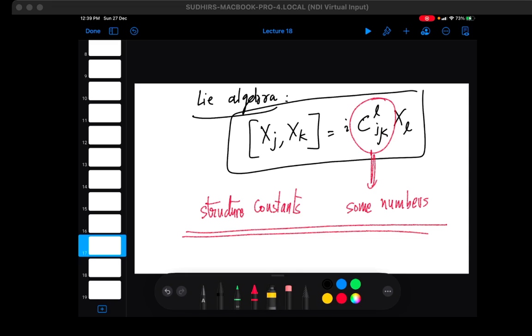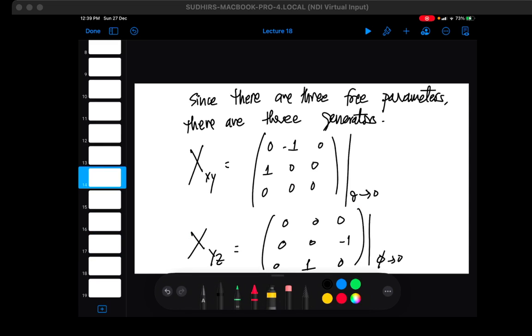So what we have seen so far is okay. Let's just summarize the SO3. Now we know these generators of the SO3 group. These are your three generators of the SO3 group. Now you can show that they don't commute, and you can derive their commutation relations.